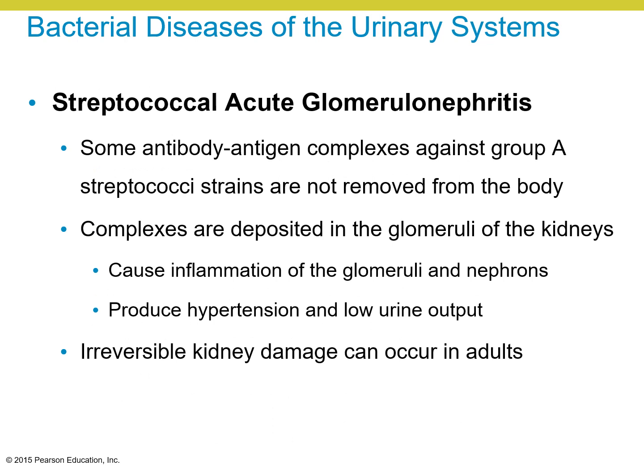All right, we move on to the next disease, which is called streptococcal acute glomerulonephritis. Okay, for an undetermined reason, the body does not remove the circulating antibodies which are bound to the antigens of some strains of group A Streptococcus species.